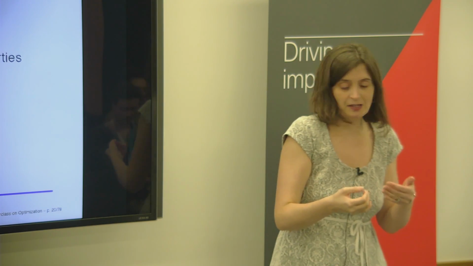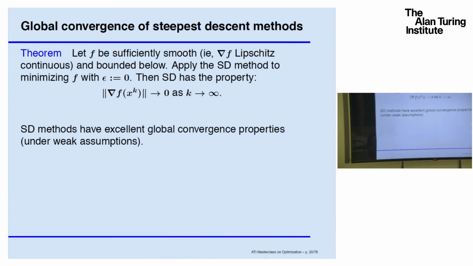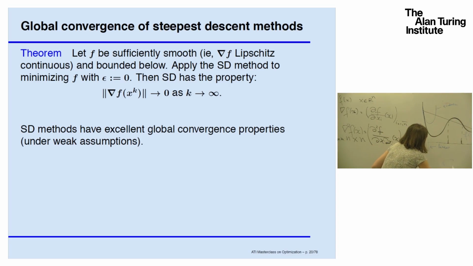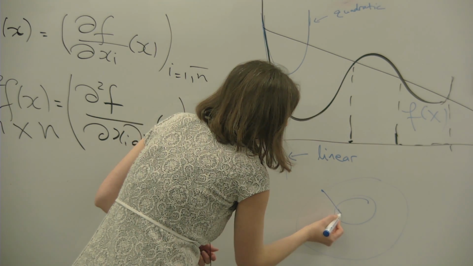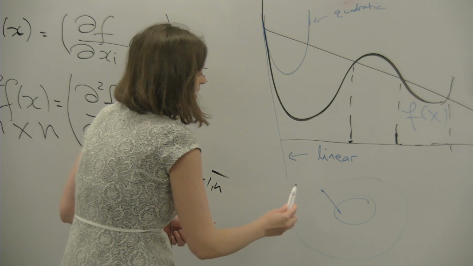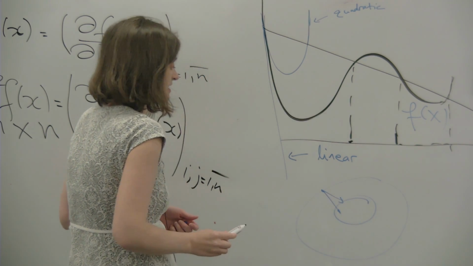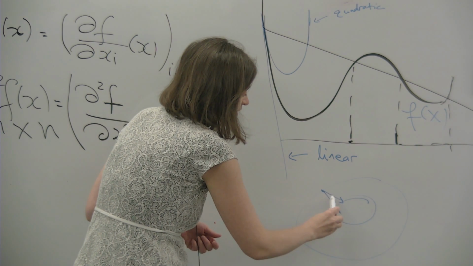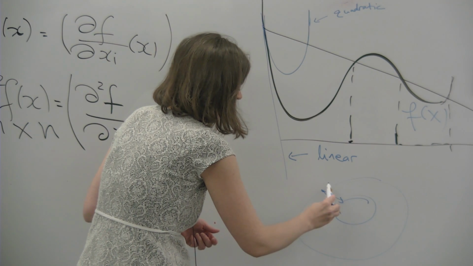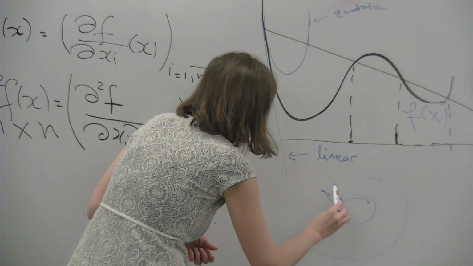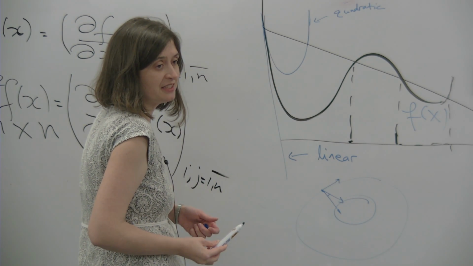What can happen is, if I have the contours of my function and my negative gradient direction pointing down, or any descent direction, even if this angle is not 90 degrees at every step, with every iteration k, it could become more and more orthogonal to my gradient.